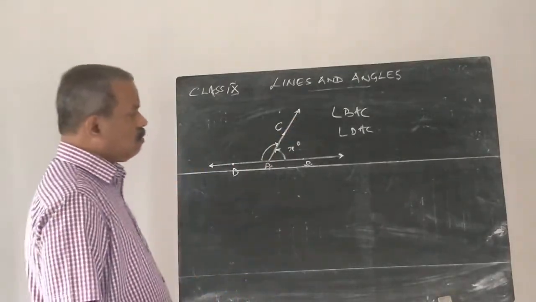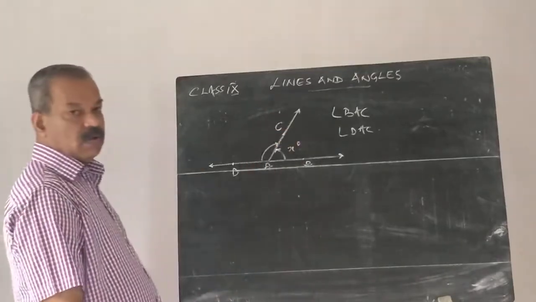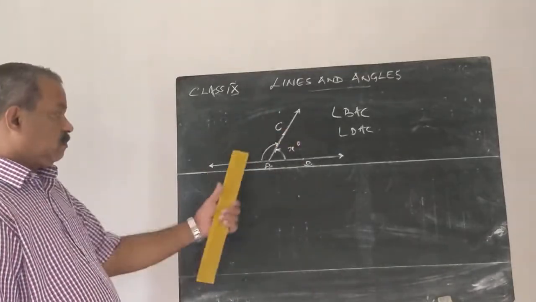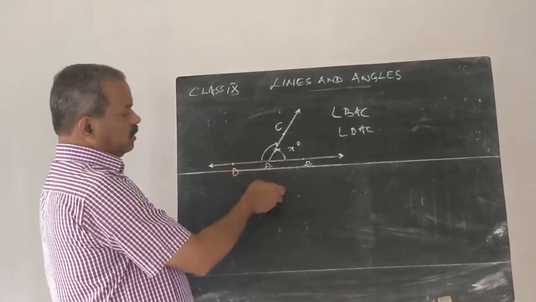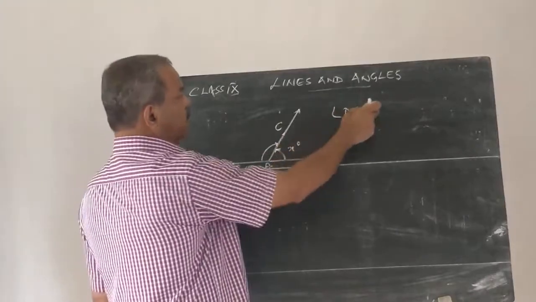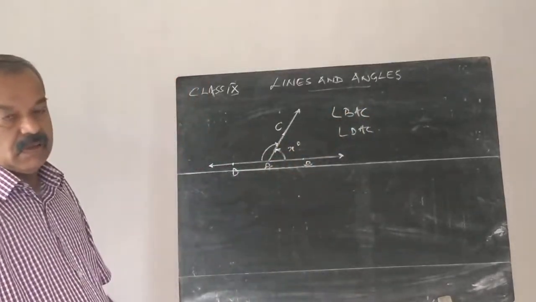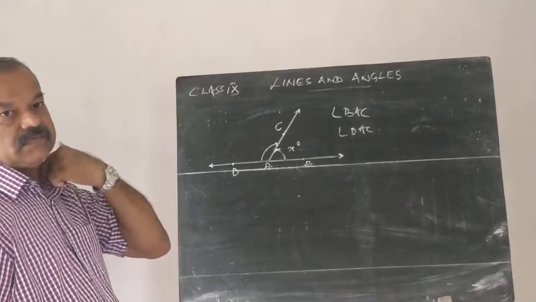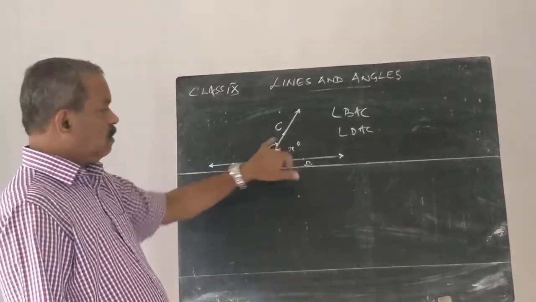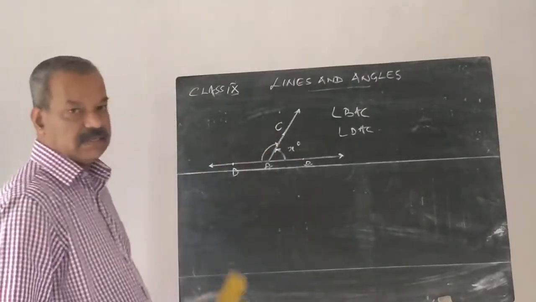Such two angles are called adjacent angles. In this figure, angle BAC and angle DAC are adjacent angles. What is the meaning of adjacent? Near. Very near, common. Adjacent angles.